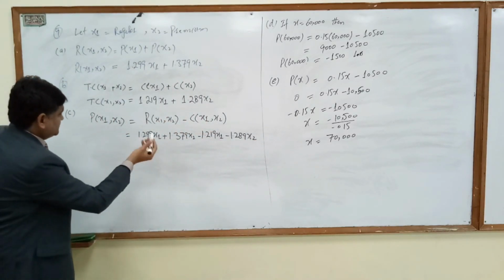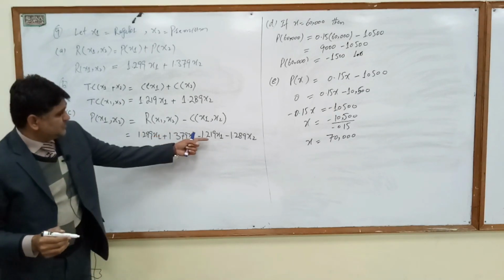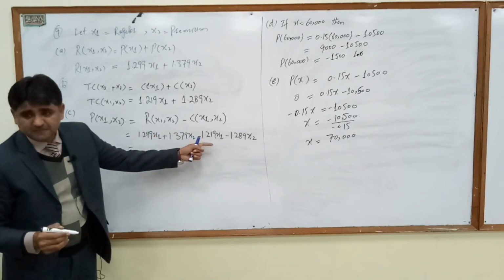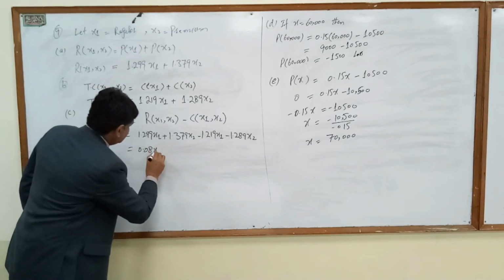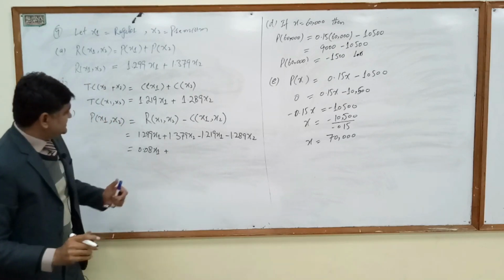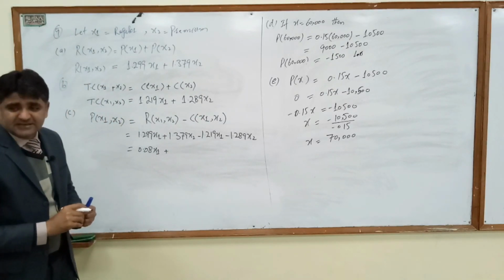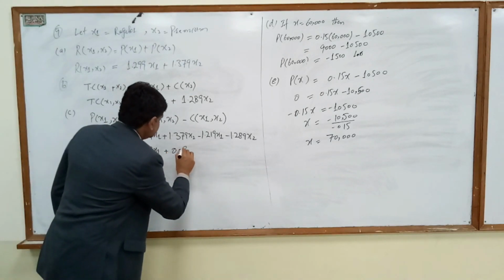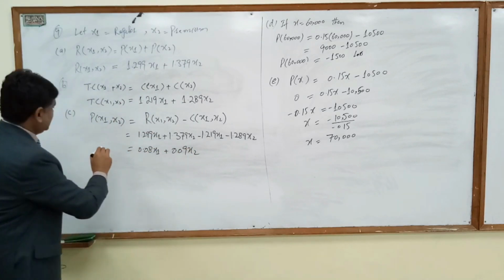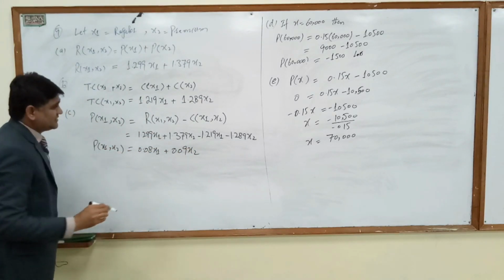So here we can simplify 1.299 minus 1.219. What is the value? 0.08 into X1. 1.379 minus 1.289 is equal to 0.09 into X2. That is the profit function of X1 and X2.